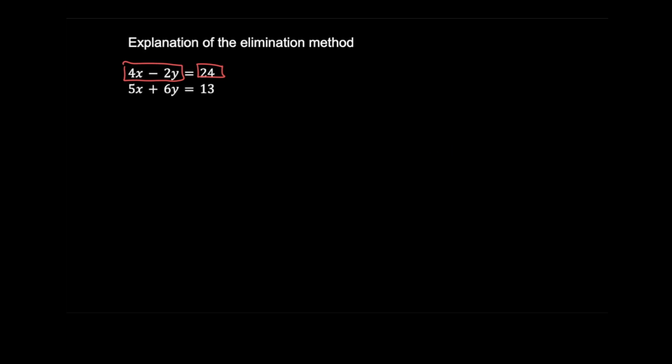The first thing we did for elimination method is we made sure to have the variables with the same coefficients with different signs. So for this first equation, we would want to multiply it by 3 so that both of the y's here would have a coefficient of 6, just with one positive, one negative.